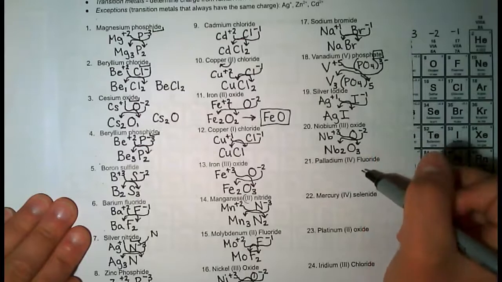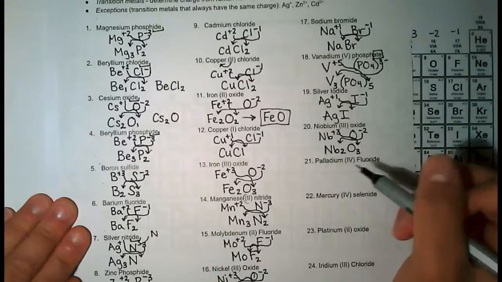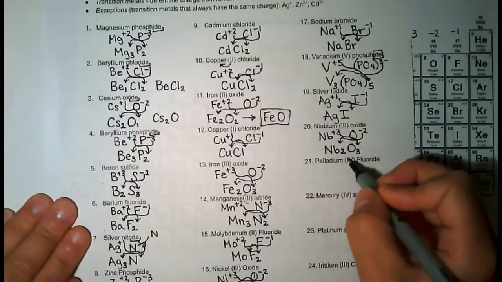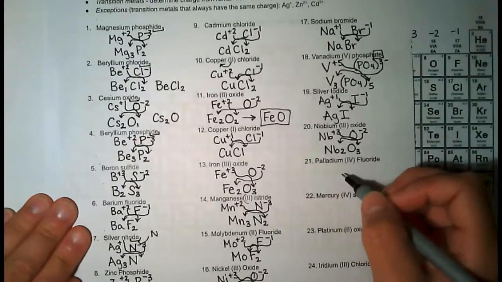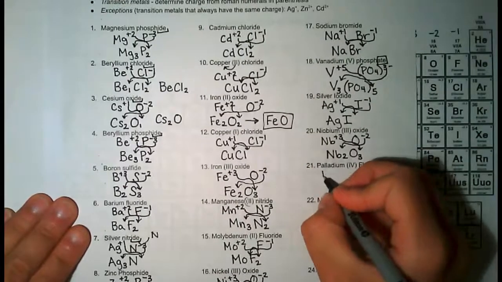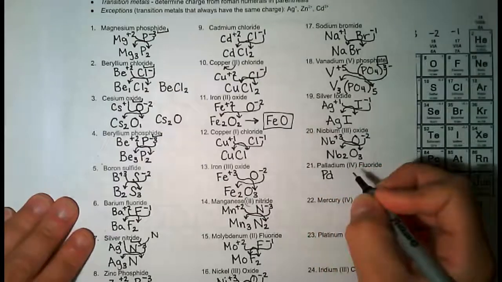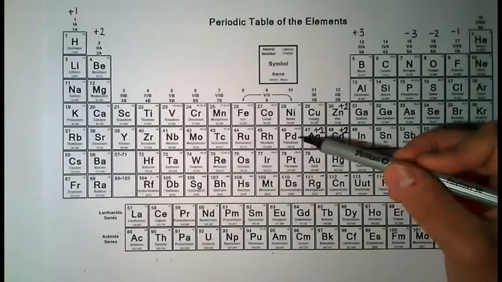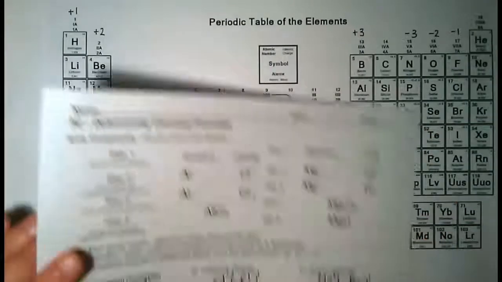Next, palladium 4-fluoride, this Roman numeral 4, IV. Now, if we had VI, that would be a Roman numeral 6. So make sure you know your Roman numerals. Palladium is Pd. On the periodic table, right here, palladium, number 46, in the transition metals section.